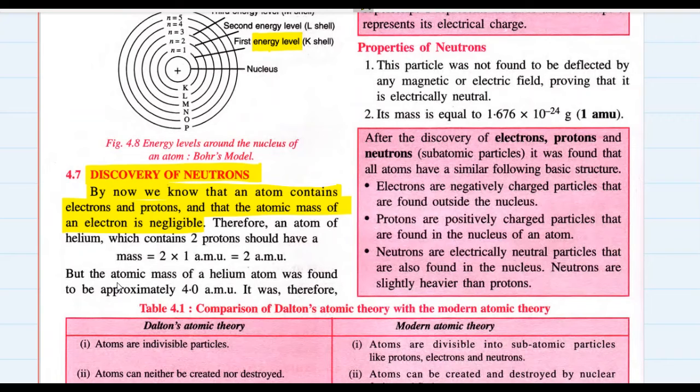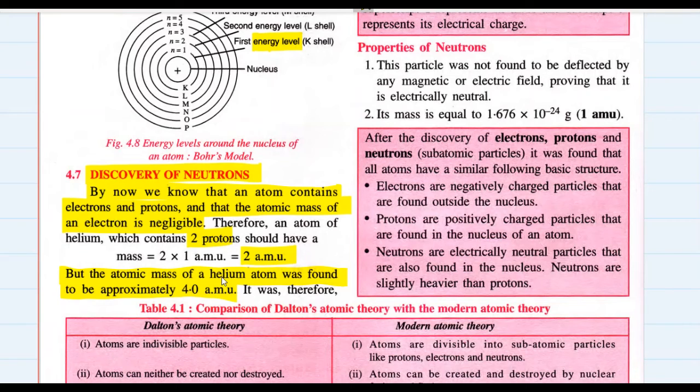So an atom, let's say atom of helium which contains two protons, should have a mass of 2 AMU. I told you in the last lecture what is AMU, atomic mass unit. But by experimental verifications and research, it was found that helium had a mass of approximately 4 AMU, which was double the mass it should have in the ideal case.